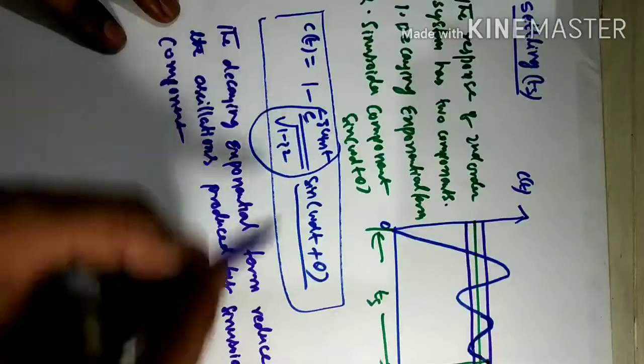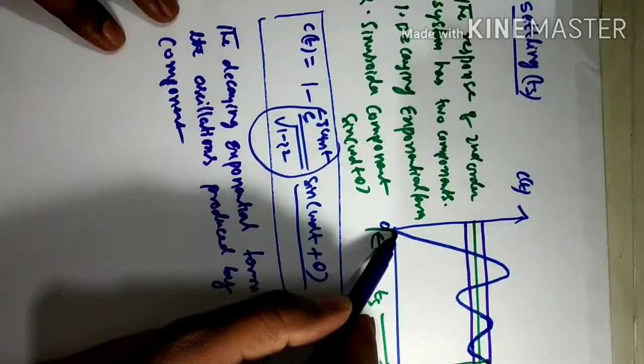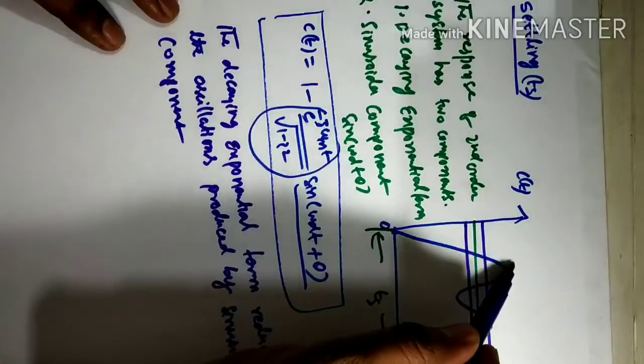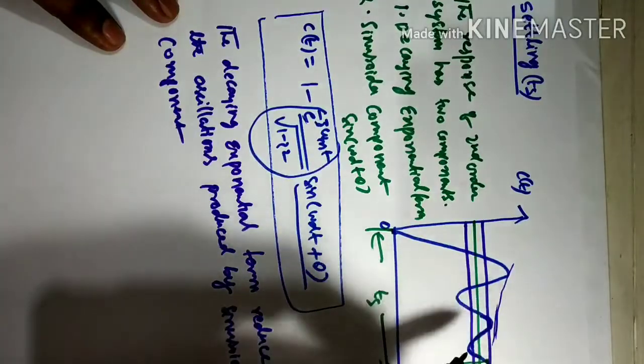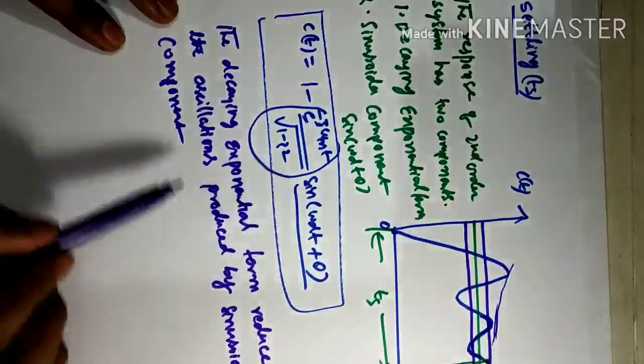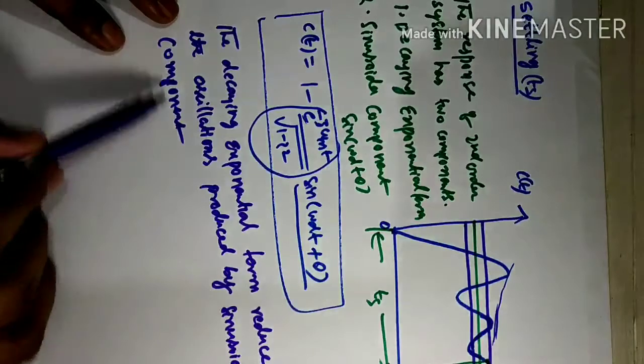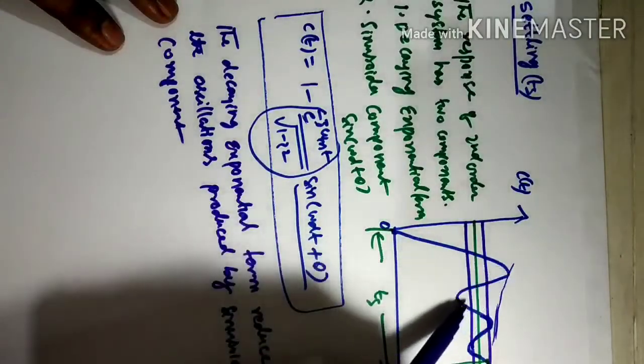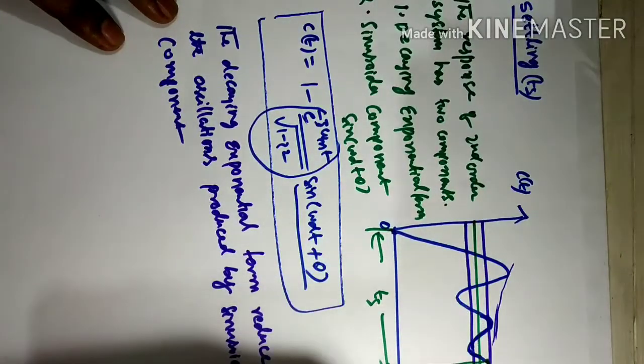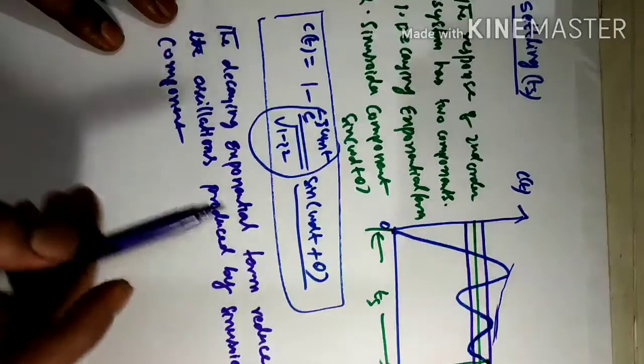You see the response, you see this envelope? The exponential reduces the oscillations produced by the sinusoidal component. Gradually the sinusoidal component is decreasing.